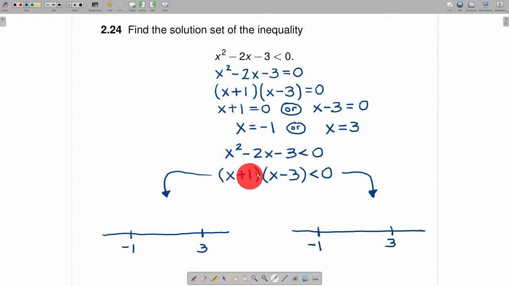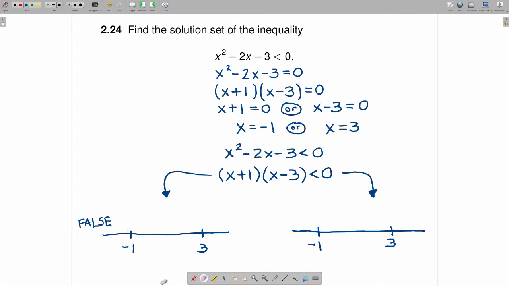When I plug negative 2 into both of these, what do I get? I get negative 2 plus 1, that's negative 1, and negative 2 minus 3, that's negative 5. Negative 1 times negative 5 is positive 5, and positive 5 is not less than 0, and because of that, the inequality is not satisfied anywhere to the left of negative 1.